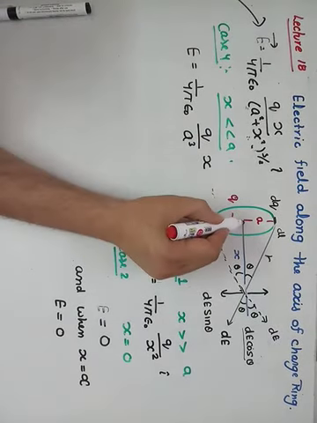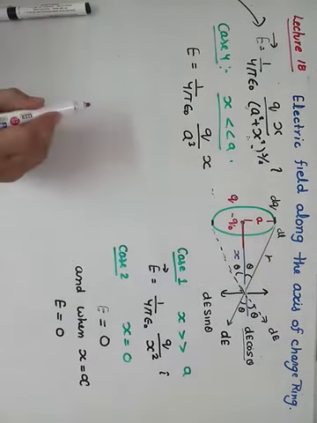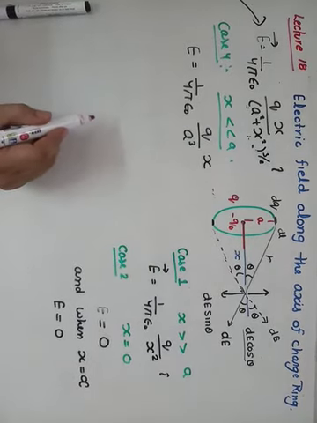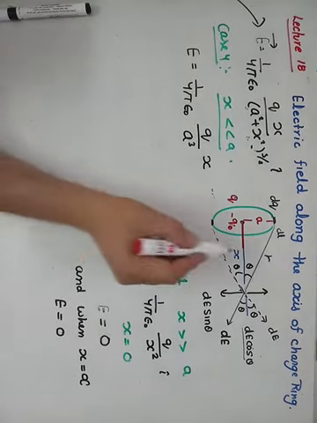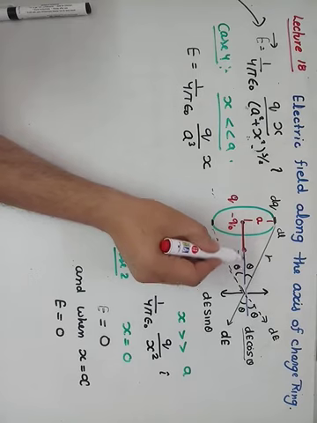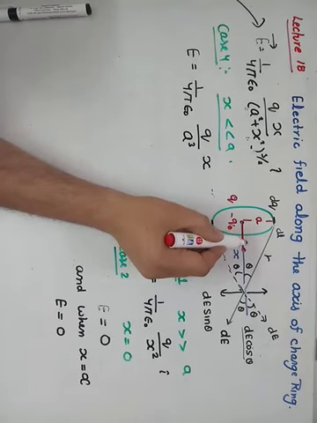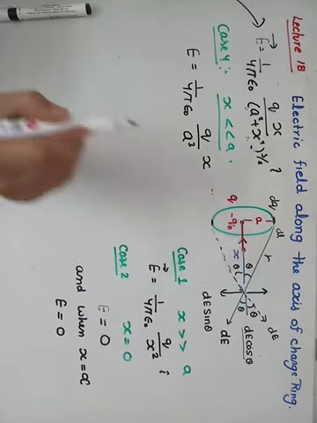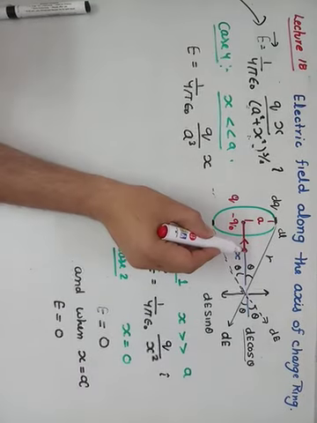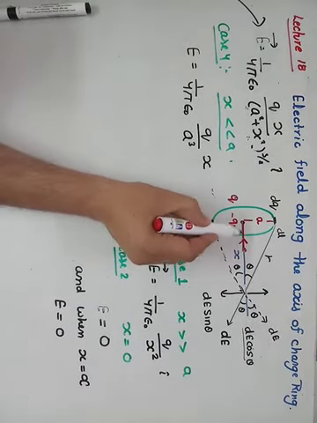If we slightly displace this negative charge by a small displacement x, what will happen? Since the field is radially outward from the center and it is a negative charge, it will experience force towards the center. When we release it from this position, it starts moving towards the center.